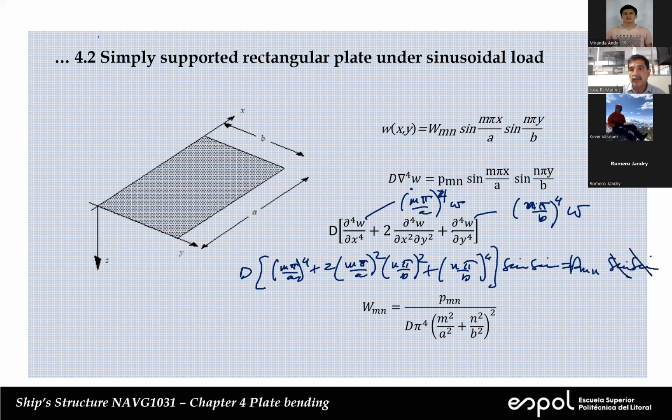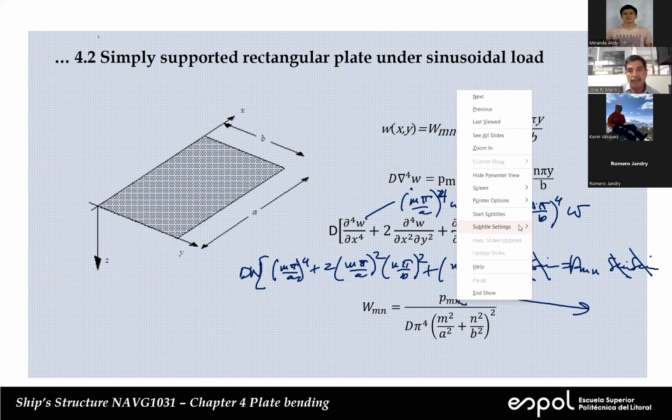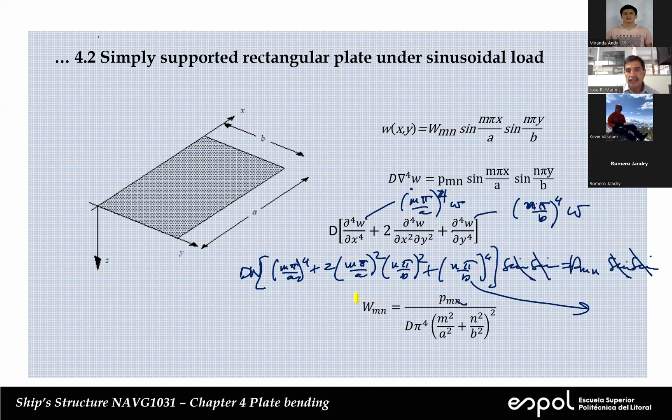So we cancel these sines on both sides, and I need to take all of this to the right-hand side, and this is the result. So this is an expression for w, the amplitude, in the case of a sinusoidal load.